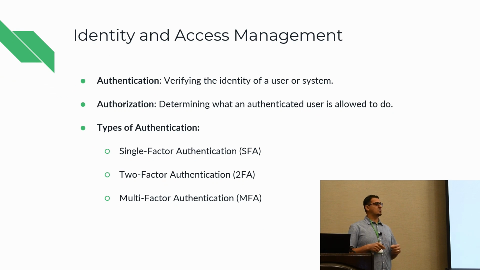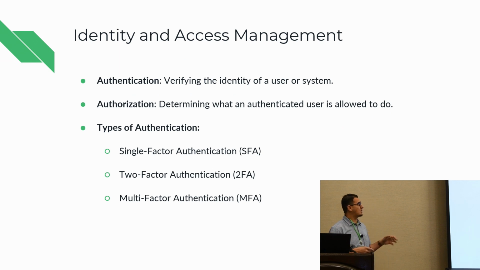So authentication is when you go into a system, you log in, you put in your username or your credentials, and you gain access to the system. However, if you click on a specific page like the admin dashboard, that's a process of authorization. Can the authenticated user get access to that page or not?